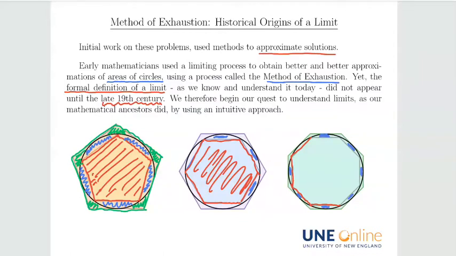But again, as we increased the number of sides to that polygon, the amount of overestimation of the area decreased. And as you continue getting more and more sides to these polygons, both the under approximation and the over approximation of the area of the circle became more and more accurate.